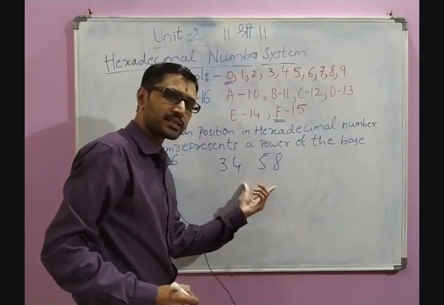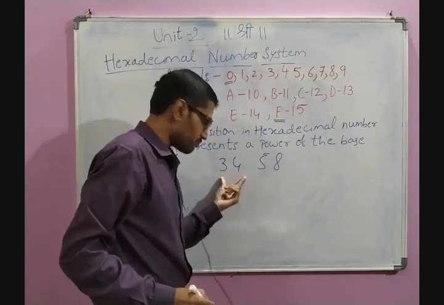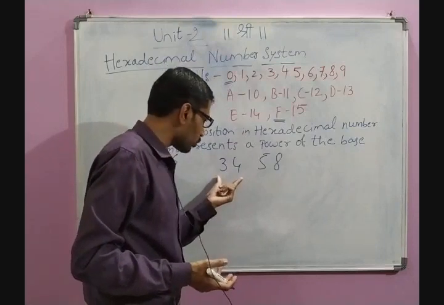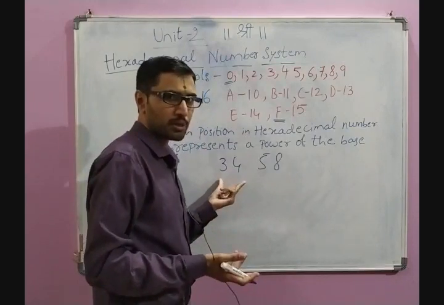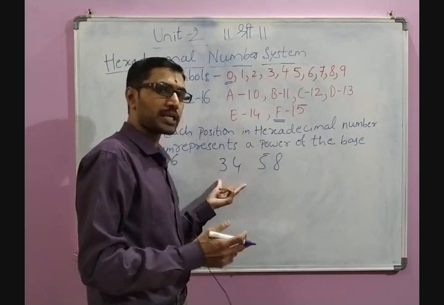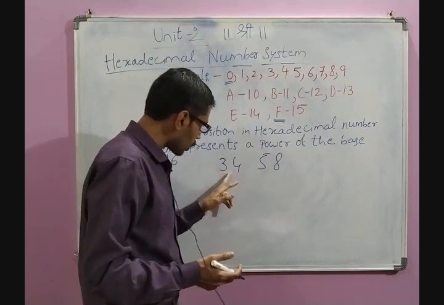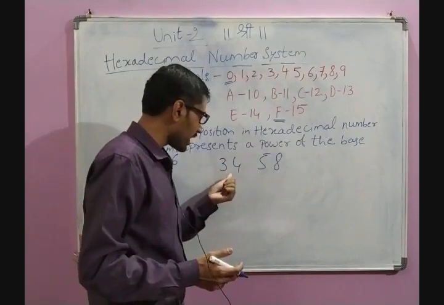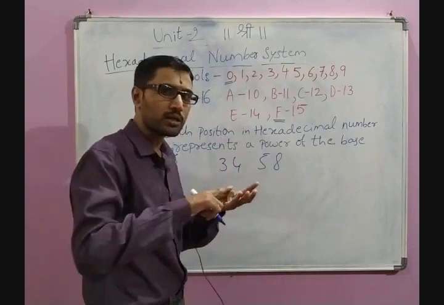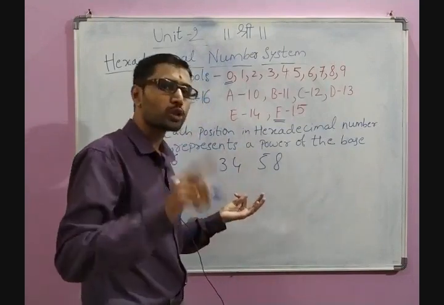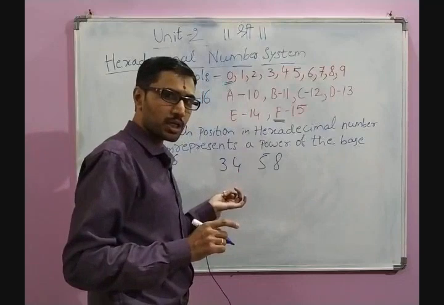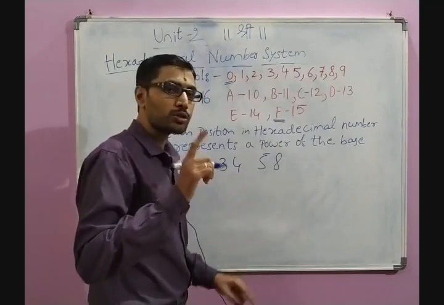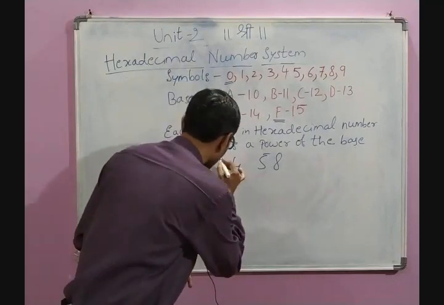But the question arises whether it is an octal number. If you consider only 34, it can be an octal number, it can be a decimal number, it can be a hexadecimal number, because the symbols 3 and 4 are present in octal, in decimal, and also in hexadecimal. So that is why we need to give the base properly.